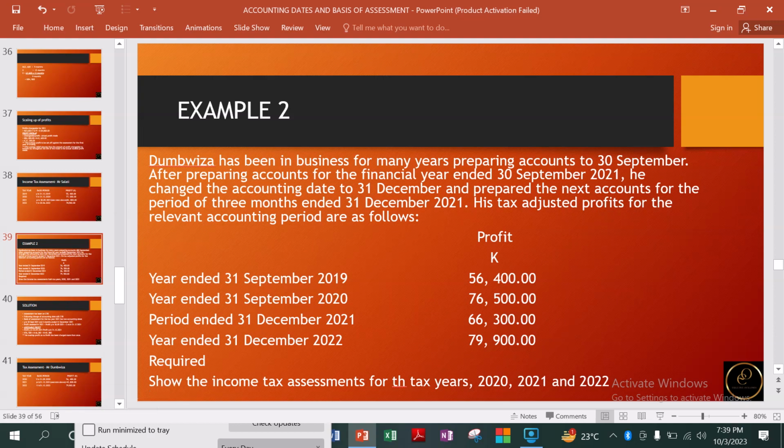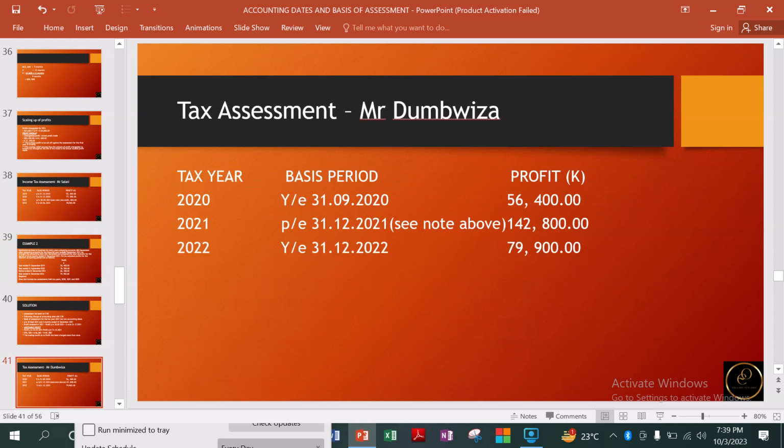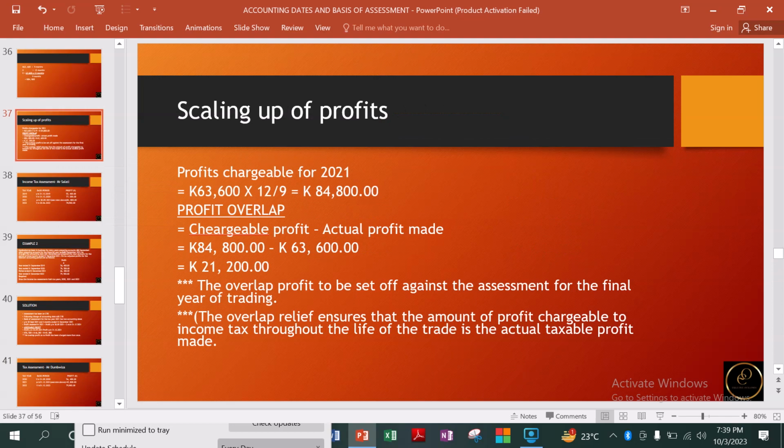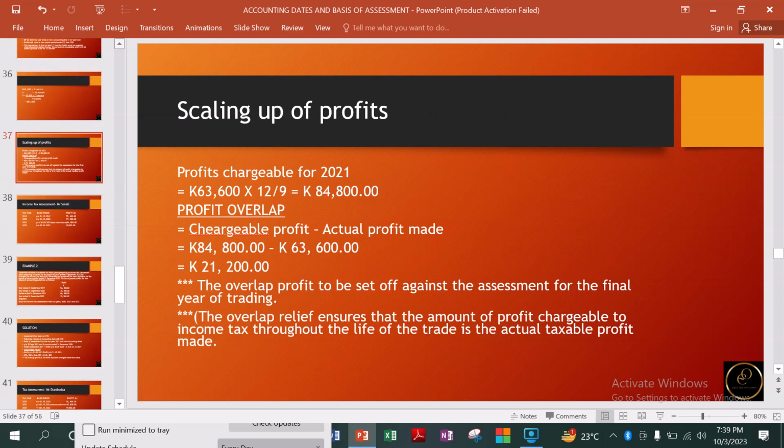What you get is 142,800. Then we have year ended 31st December 2022, which falls squarely into 2022. That is 79,900. So that is in compliance with the rule which we have looked at. Just to emphasize, let me get back.